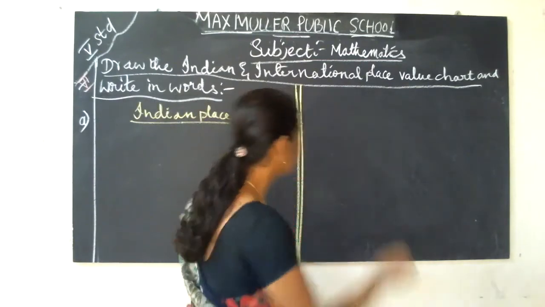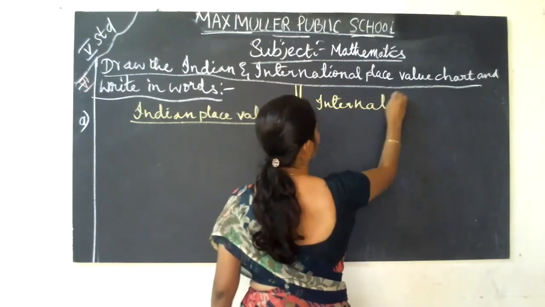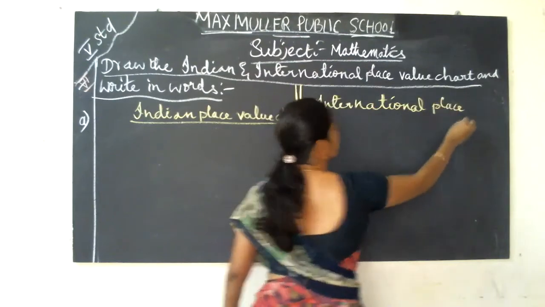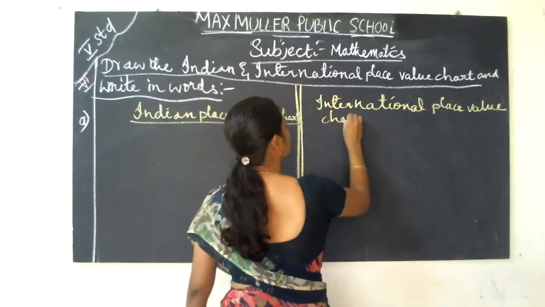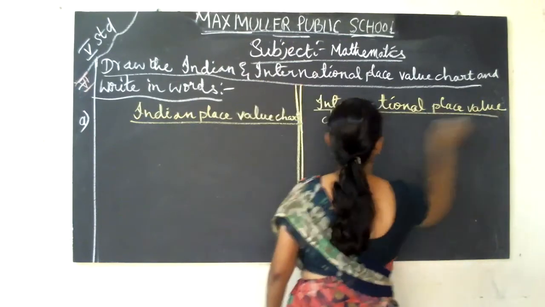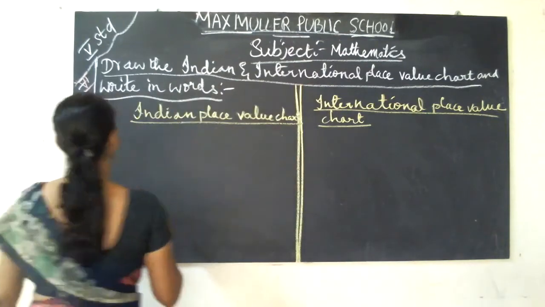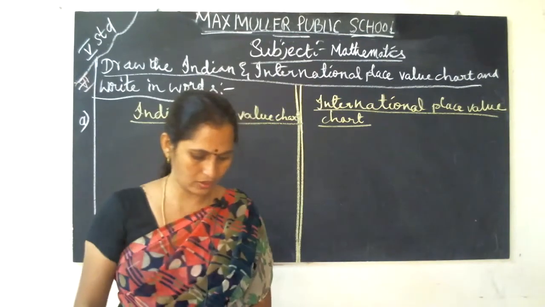International place value chart. Okay. For one number only, you have to draw both the charts. Okay, children, we'll go further now.